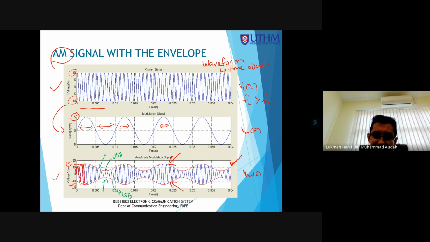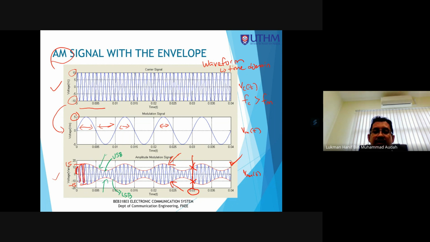If you see, for example, at time 0.03, if we make a straight line like this, the line will cut at the positive side of the envelope and also at the negative side of the envelope. So this is the thing that we need to find: how much is the value of the positive and negative side at 68 microseconds?